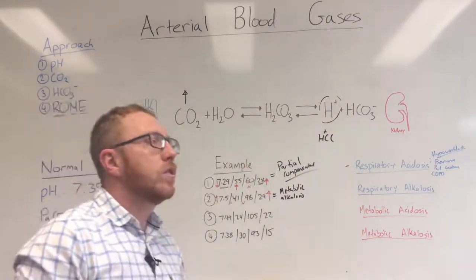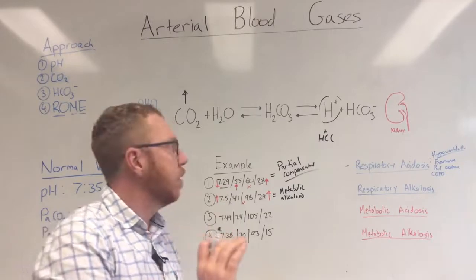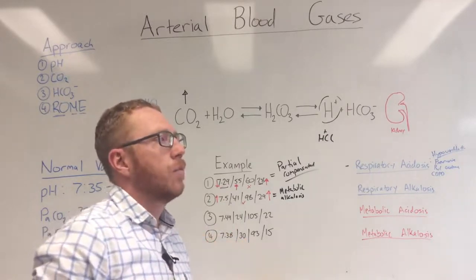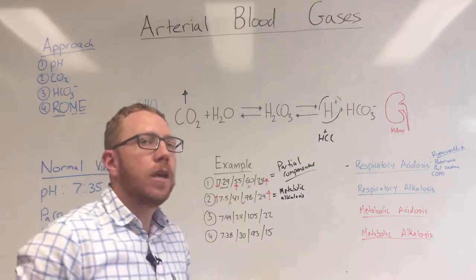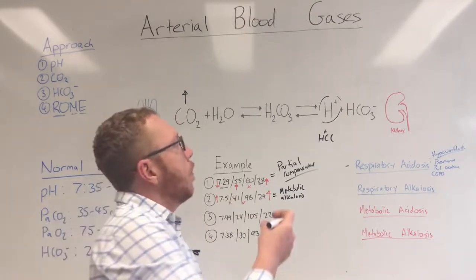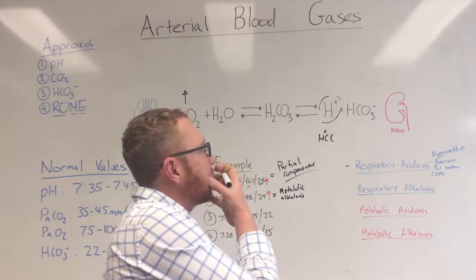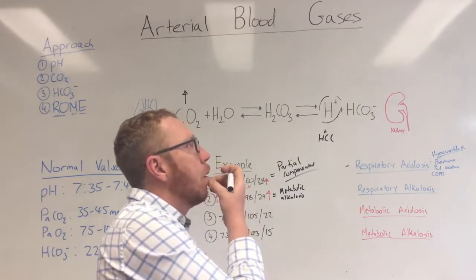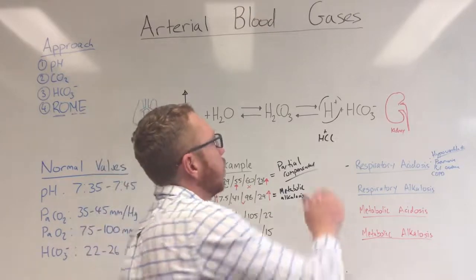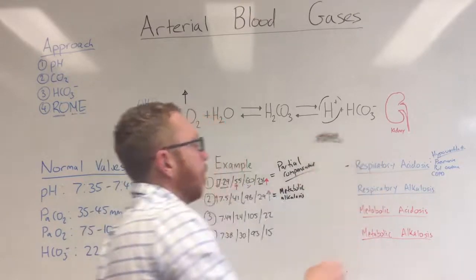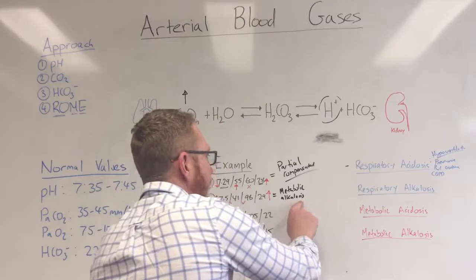Other things that could cause it if a person's taken lots of antacid, okay, for problems with their stomach like reflux or ulcers. If you've maybe suctioned their stomach and pulled out acid, that could also be a cause. Now, we know it's a metabolic alkalosis.